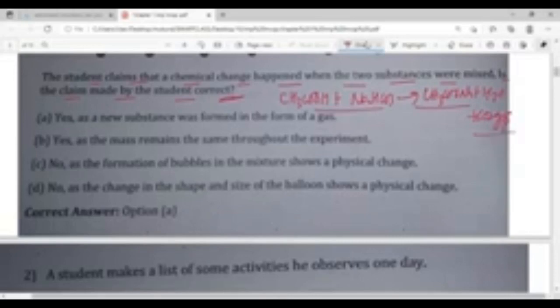So then, in this particular case, we need to study and understand, my dear student, what is a chemical change. So let us look at and understand what is a chemical change. What is chemical change?